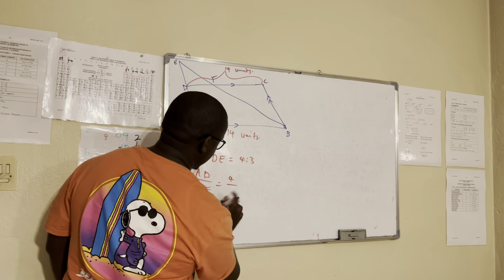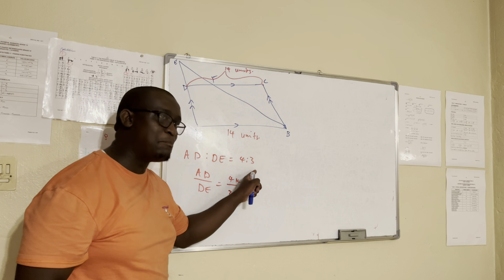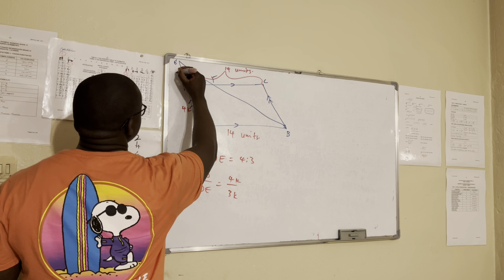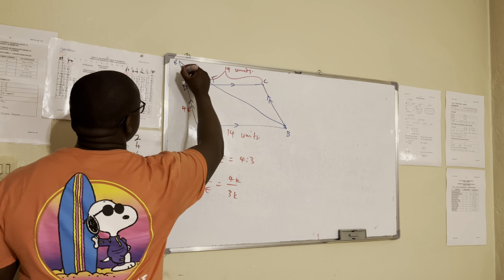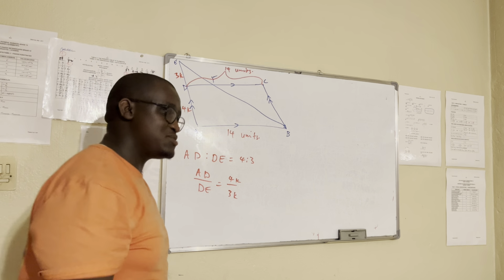Guys, listen. This is the key ratio, simplified. Keep in mind AD is not 4 and DE is not 3, but AD divided by DE is 4/3. Does it make sense? So remember that it is 4K to 3K. AD is 4K and DE is 3K.